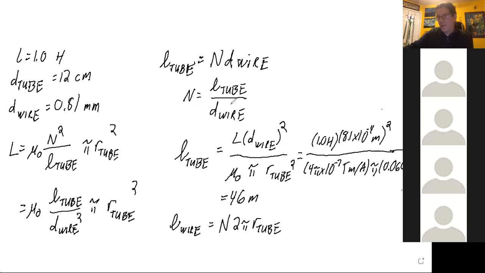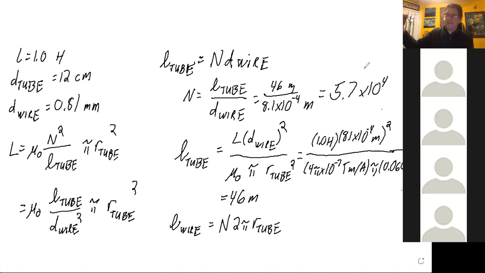So N you can solve for from here, since we have that information now, and that gives 5.7 times 10 to the 4. And that's N. So basically you have to be prepared to wrap the wire around the tube 57,000 times if you actually want to do this.